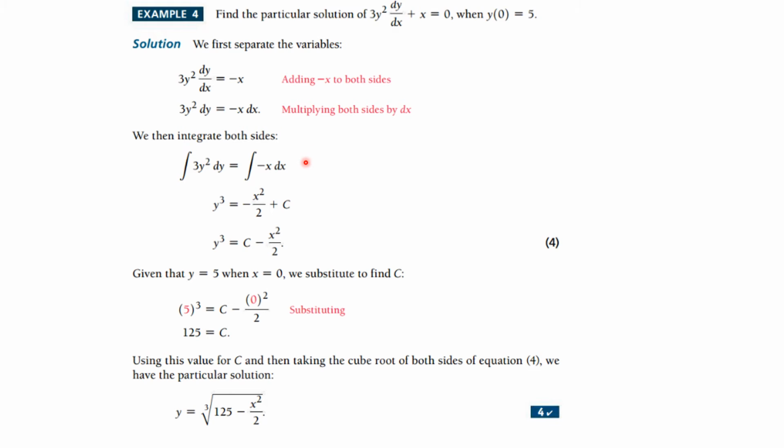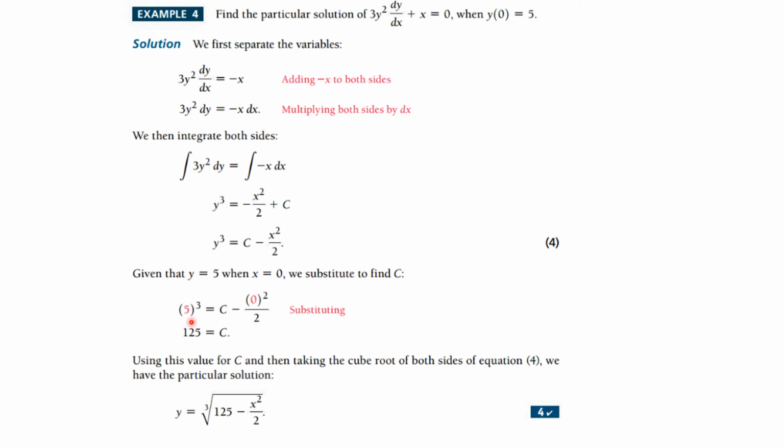So we can integrate both sides. Now here we add 1 to the exponent and divide by the new exponent, we get y cubed. Here we add 1 to the exponent, divide by the new exponent, and we get minus x squared over 2 plus c, and you see we have an arbitrary constant here. Now we can substitute our initial condition. So when x is equal to 0, y is equal to 5.